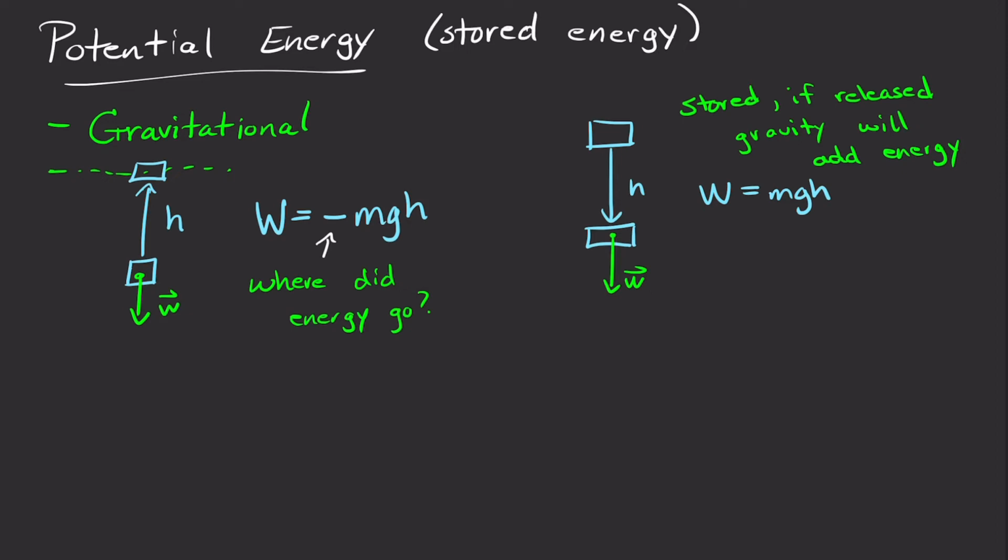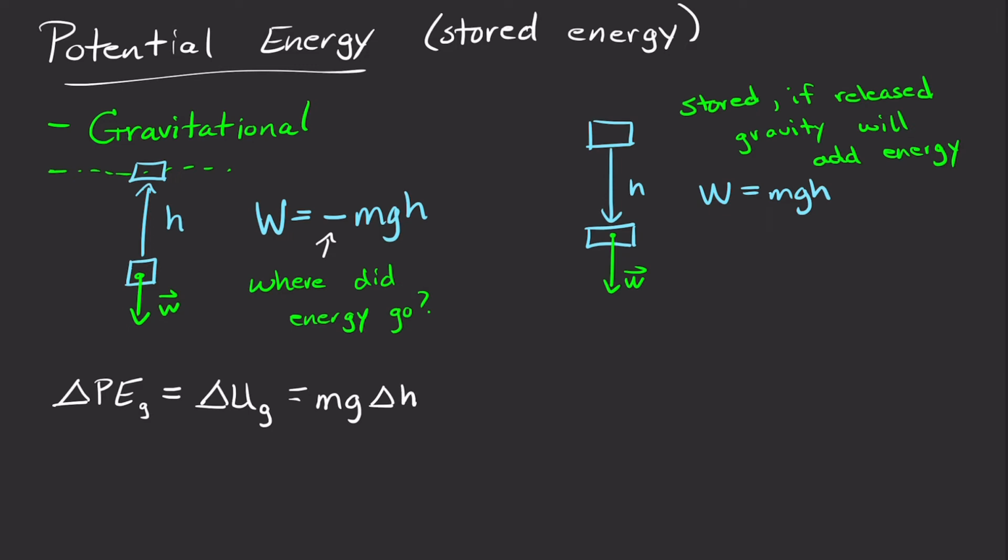Okay, so we define the potential energy. Sometimes PE is used for potential energy, and some people use KE for kinetic energy. I'll do a subscript G for gravity. I like to use U, so U is also used for potential energy of gravity, which is equal to the mass times gravity times the change in the height.